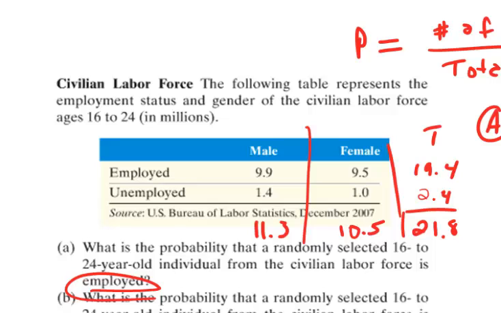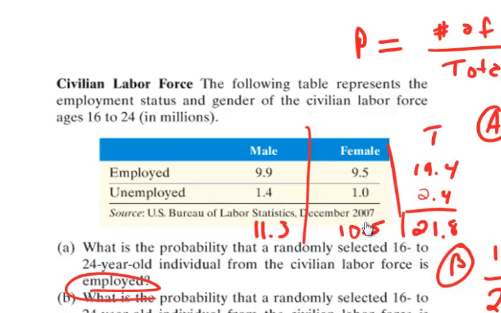How about the next one? What's the probability that a randomly selected 16 to 24-year-old individual from the civilian labor force is male? Again, think of the number of successful outcomes, the number of males in this case. So 11.3, all over the total, again the same 21.8.